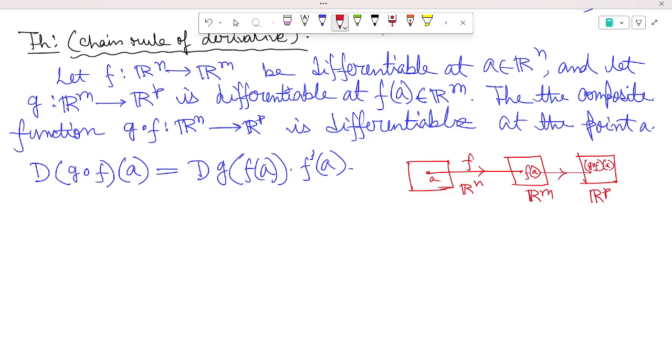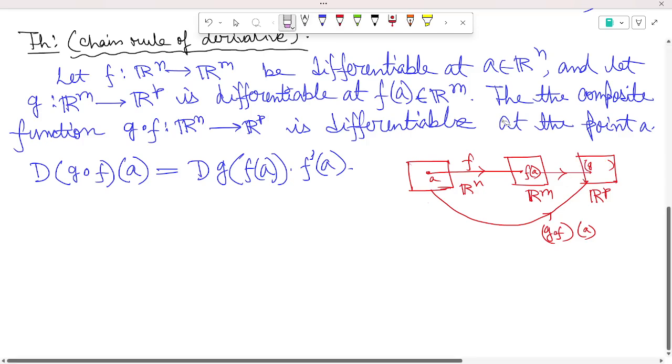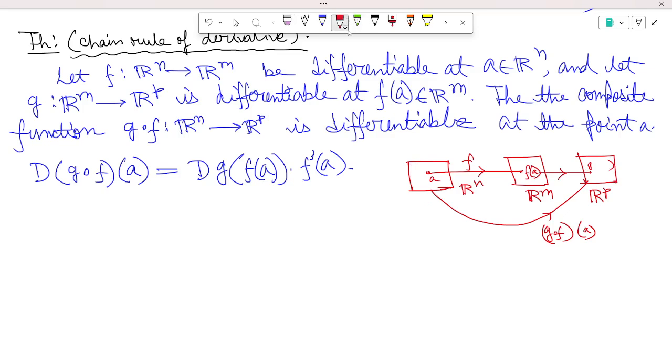Also, in this way, I can also visit the composite function. Obviously, it is g of f(a). And they are equal, right? They are equal. So the derivative of the composite function is this.